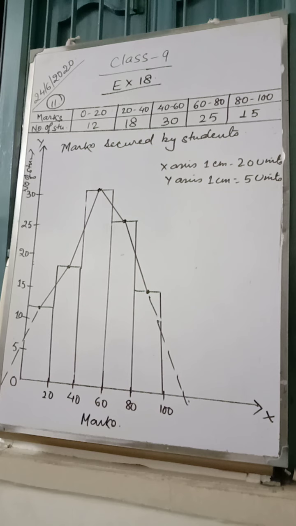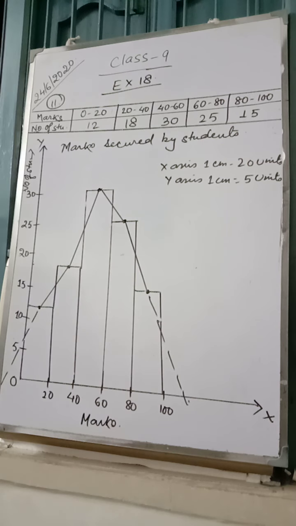Now in question number 13, we don't have a histogram. What do we have? We have a frequency polygon for the following data. So in this case, we are not going to draw the histogram. What we are going to do is get the midpoints and join them with each other. Okay.